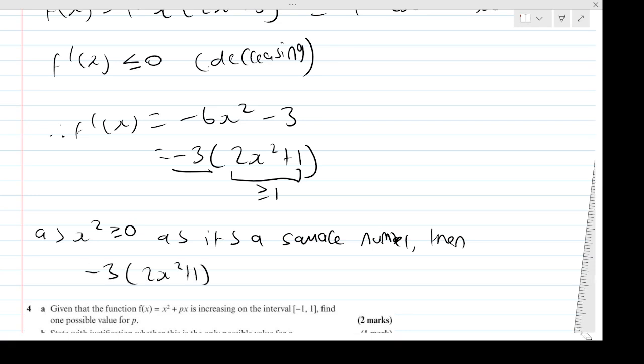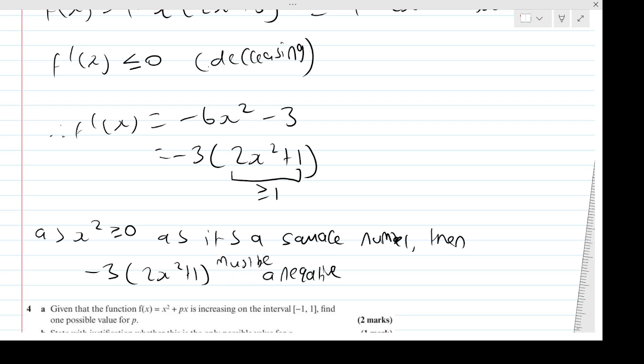Well, if the bracket has to be at least 1, then if you times by negative 3, it has to be below minus 3. We're always going to get a negative. So it's going to be below minus 3, or negative. So I can just say it must be negative.